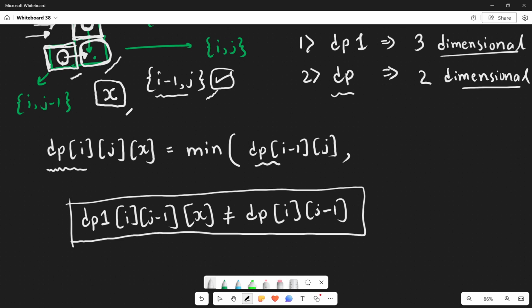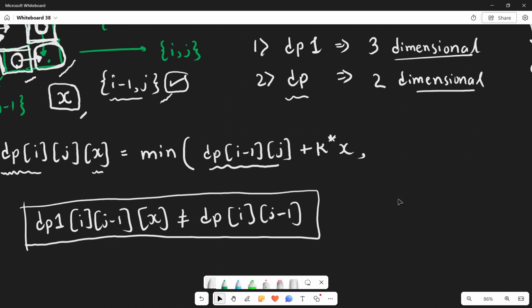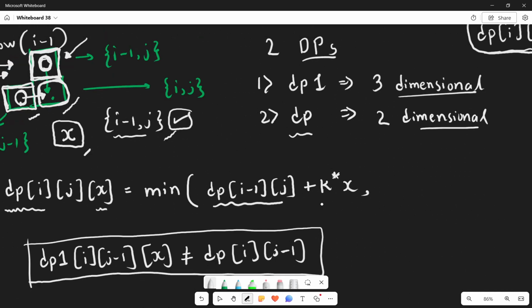So dp of I minus 1 comma j plus k times x, right? So you have performed the x operations on the ith row. For that, k star x, so you are coming from above, and after performing x number of operations on that row.